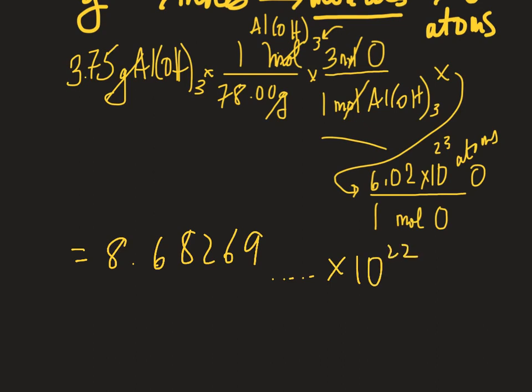Now I look back at my problem and I notice that my starting value, my mass, has 3 significant figures. My molar mass for aluminum hydroxide, 78, has 4. Now it looks like this third step, 3 moles of oxygen for every 1 mole of aluminum hydroxide, really only has 1 sig fig, but that's misleading.